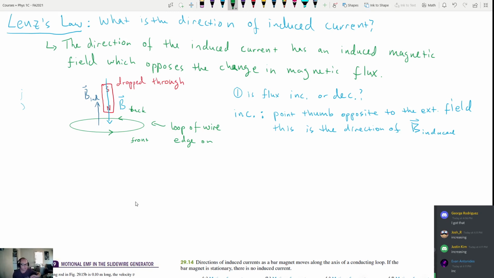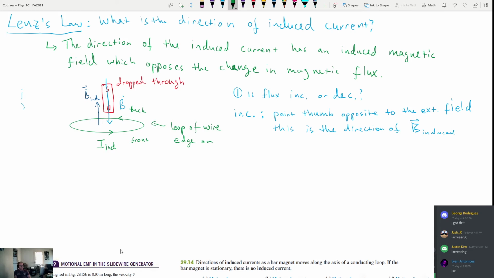So again, to follow this up, because the flux is increasing, I look at the direction of the external field and I flip it. That direction is the direction of my induced magnetic field, and you go backwards from that to figure out what kind of a current would produce such an induced magnetic field, and it would be the type of current that flows around like this. So that must be the direction of the induced current.